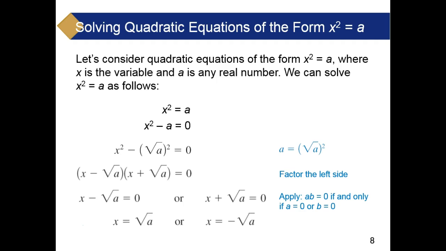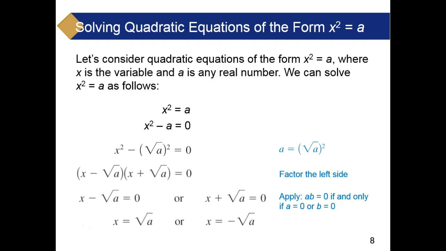You have x squared minus a equals 0. Now, if a were a perfect square, we know exactly what to do, right? x plus the square root of a times x minus the square root of a. But this still works, even if a is not a perfect square.